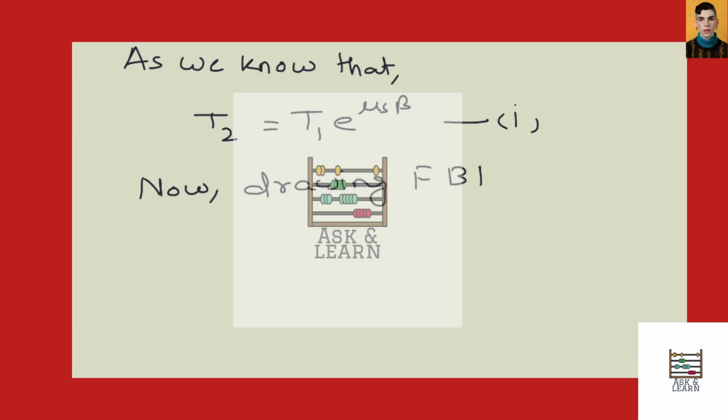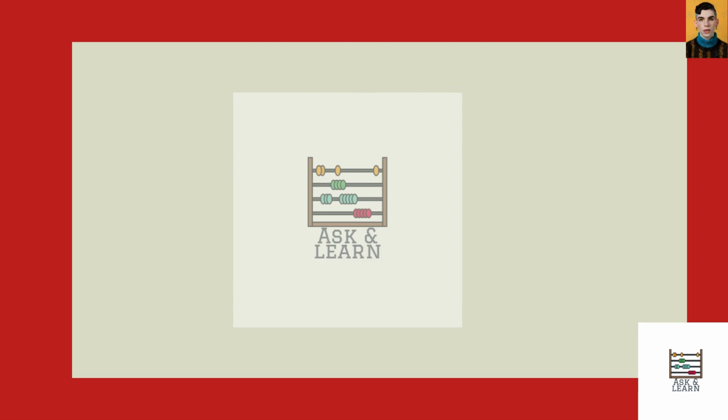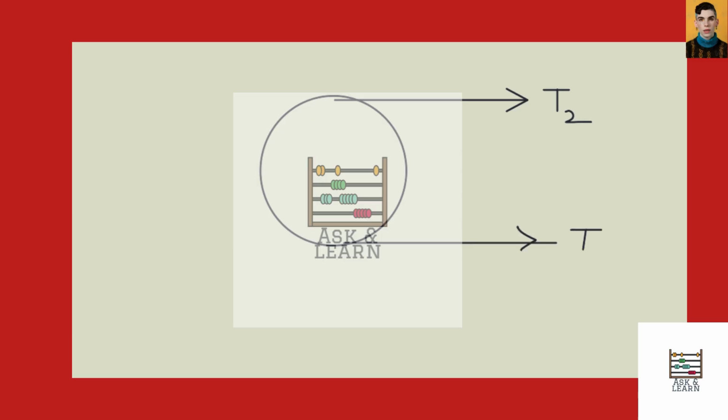Drawing free body diagram of the drive pulley. So drawing it more carefully, showing all the forces acting on it. Here it is T2 and here it is T1, and this point is 0.1 meter is radius.